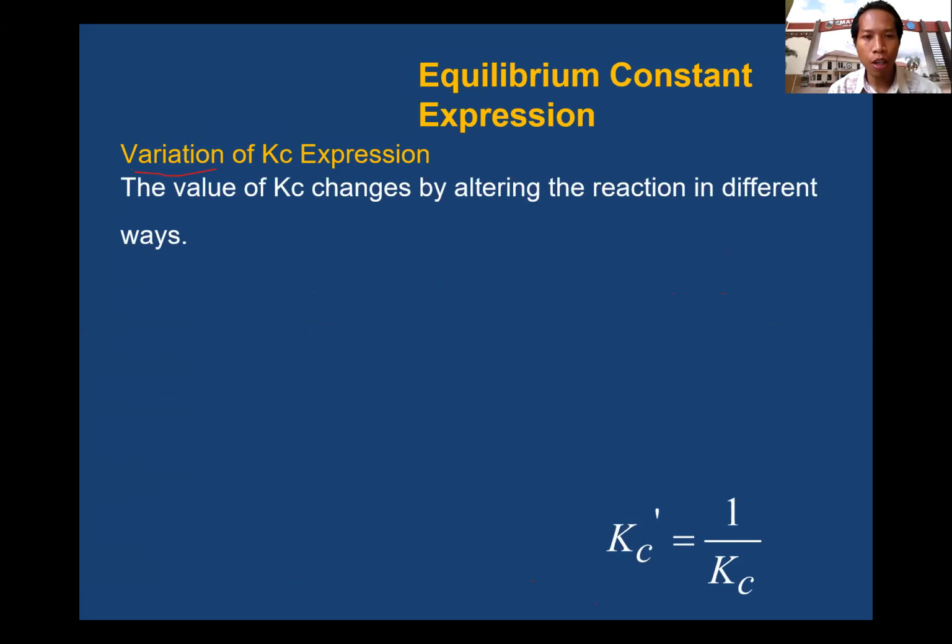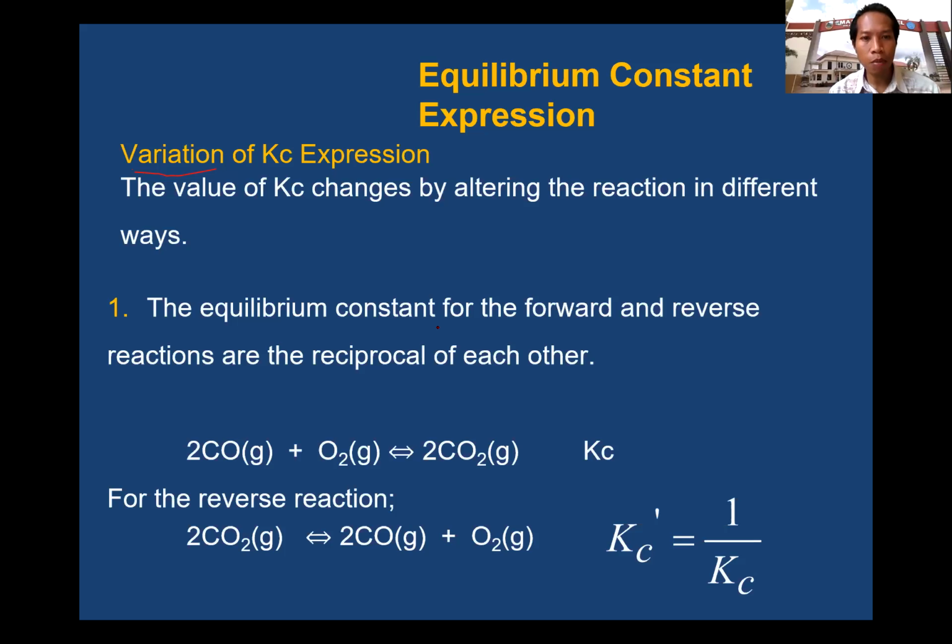So the first one, for example, the equilibrium constants for the forward and reverse reactions are the reciprocal of each other. So for example, if I have a reaction 2CO + O2 in equilibrium with 2CO2, let's say that they have the Kc value here.